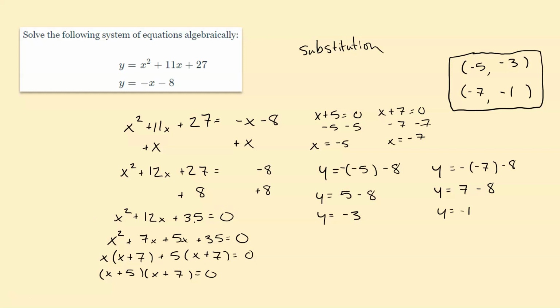Equal 0 is important because that allows us to factor, and then we could set our factors equal to 0 to find our x values. And then once we have our x values, we can plug those back into one of these equations in order to find our y values that correspond to those x values. All right. So those are your coordinates. These are the coordinates where these two lines intersect on the graph.